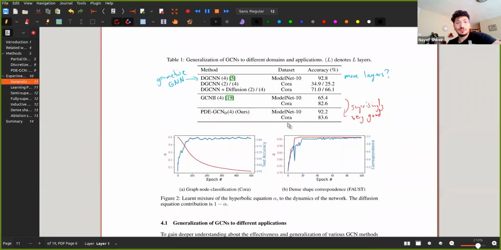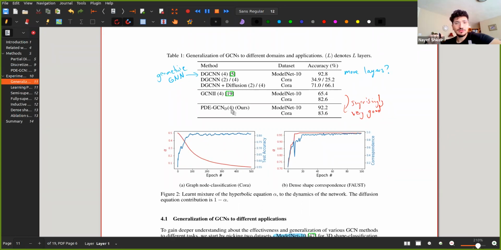Okay, so now the metrics. This DGCNN is for point cloud data. You get really good accuracy on this ModelNet10 dataset. They show that if you apply this dataset to node classification, you get pretty bad results. Then they added just diffusion, just for fun, to the DGCNN model, and they got much better results.